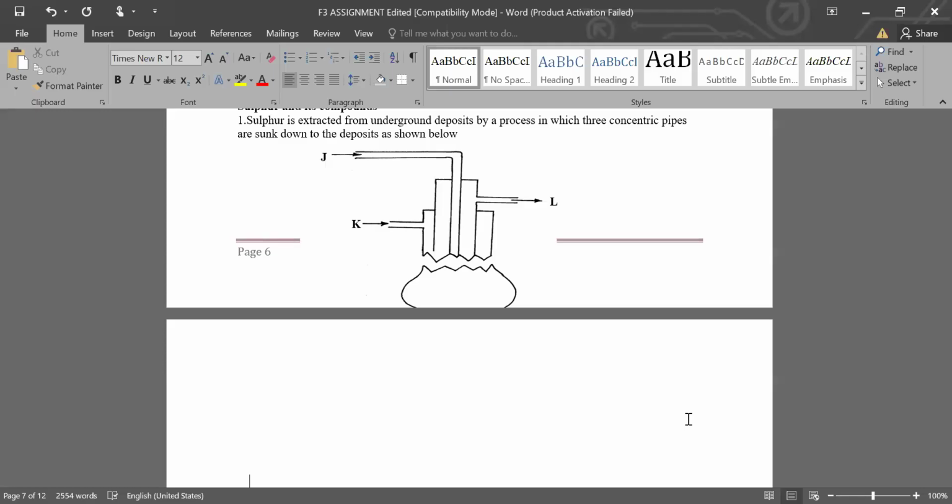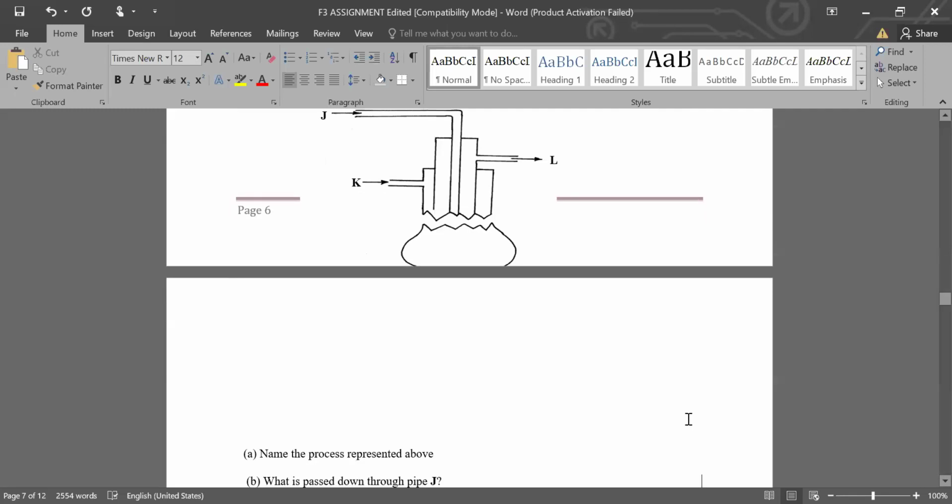The outermost is the widest in terms of diameter, and it is the one that is put first on the ground, and it reaches to where the sulfur beds are. Then the other one that is put is the middle one. It will also reach to where the sulfur beds are, and then finally the inner one. And each one of them has a different role. What is the role of the widest? That is the K.